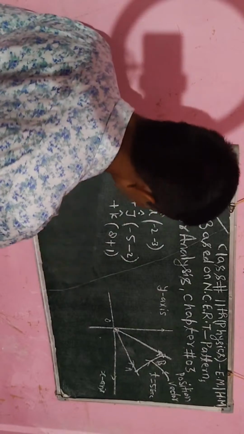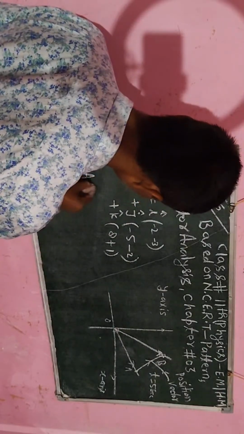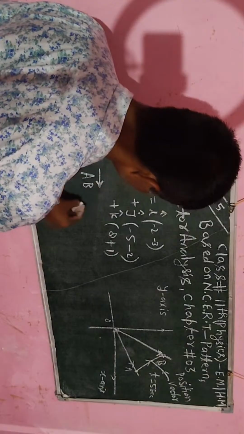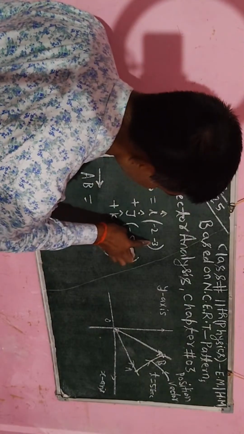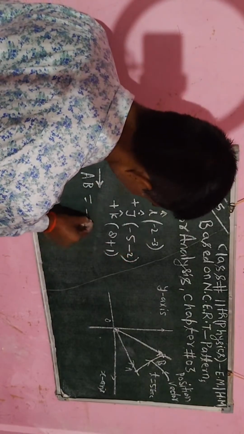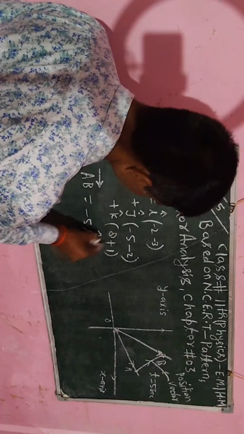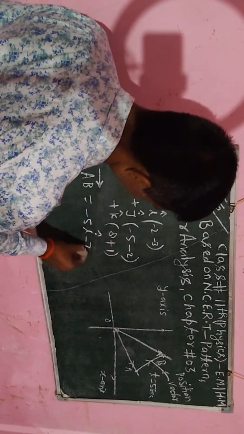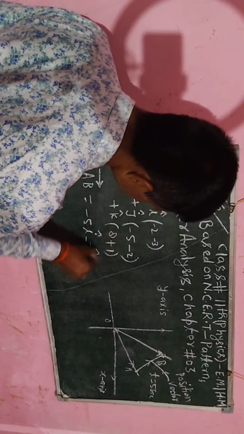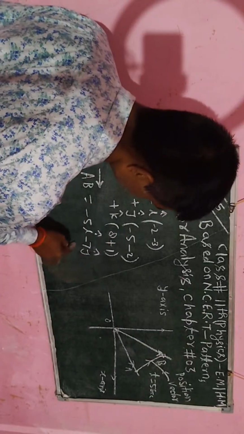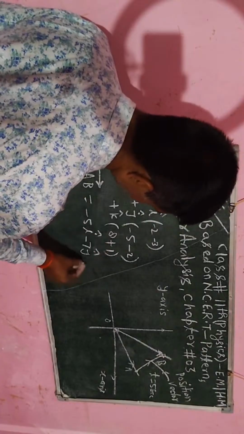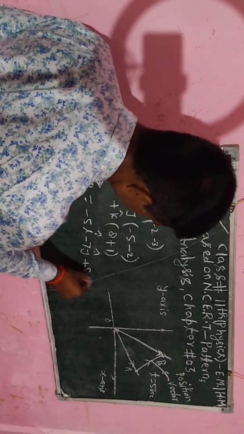Okay. So finally after this simplification I can write minus 2 minus 3, that is minus 5 vector i cap, and here minus 7 vector j cap, that is minus 5 minus 2 equals minus 7, and then plus 1 minus 8 vector k cap.